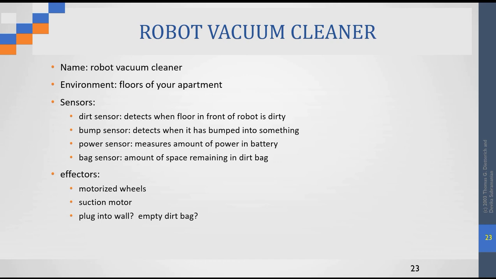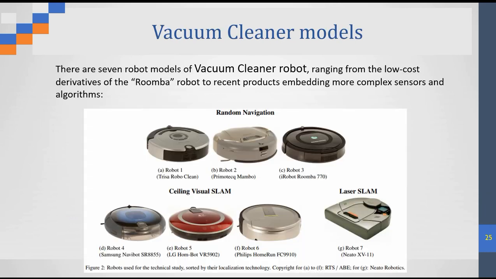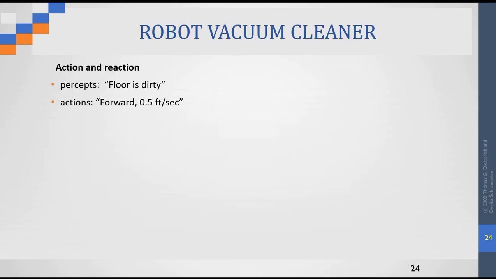So here is some information about this report. What sensors do we have here in the report? Okay, we have the dirt sensor, the bomb sensor, the power sensor, and the bag sensor. These are the sensors I provide you here.